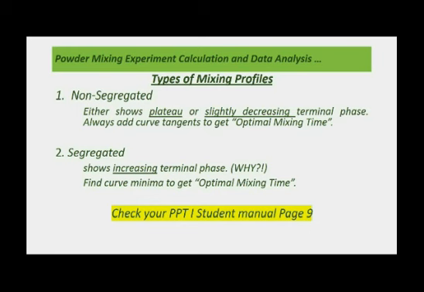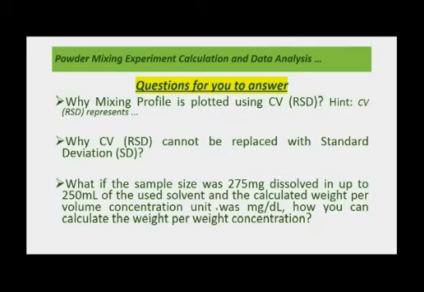Here are some questions for you to answer. Coefficient of variation or relative standard deviation represents a standardization of standard deviation relative to the mean value, and RSD value cannot be replaced with the standard deviation because we are generating samples of different mean values at different mixing times.